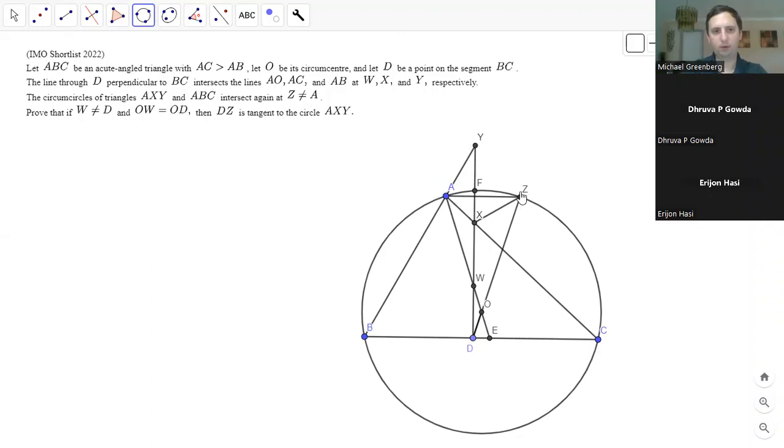Z, X and C. Okay. Might it pass through D?